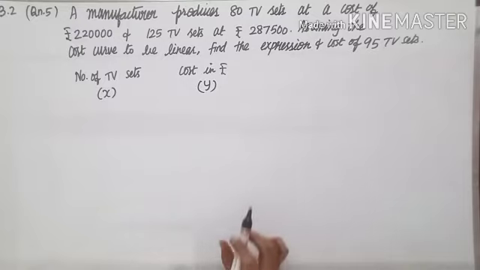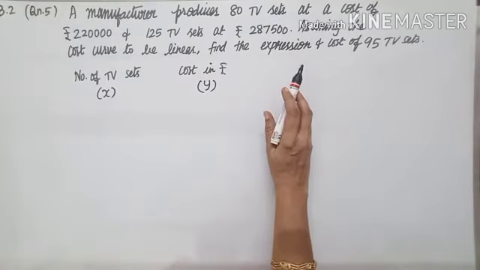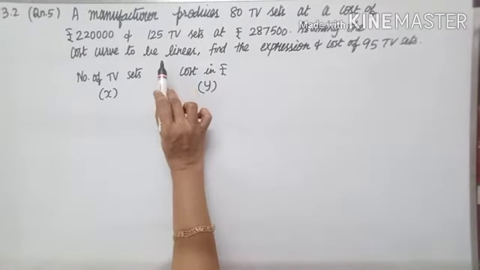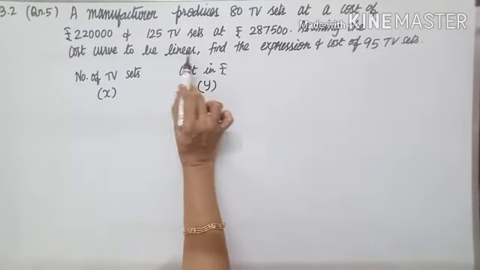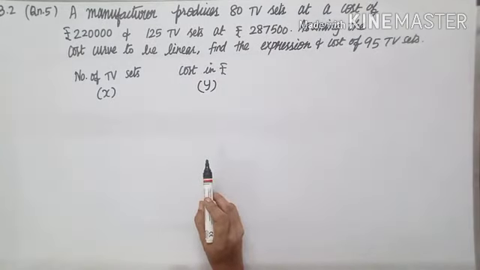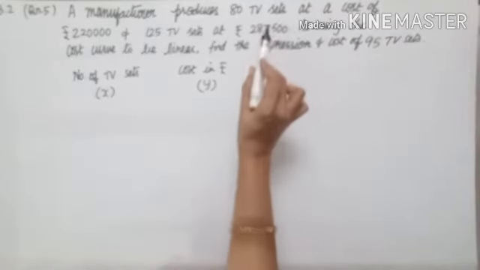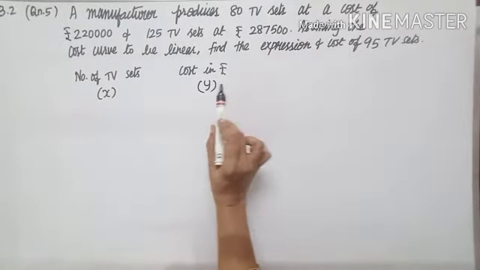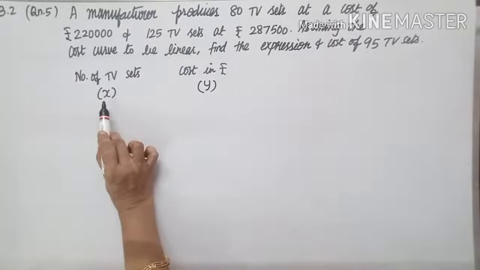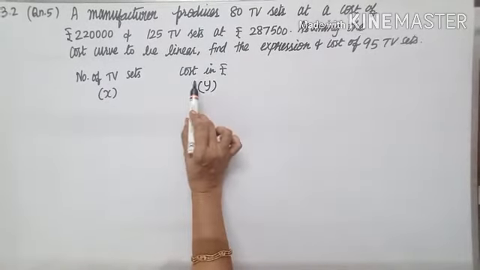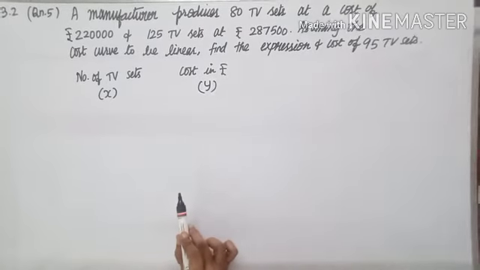Whenever we are reading a problem which reduces to be linear, it is a line equation. So we can treat one as x and the other as y. Here we have number of TV sets and cost. Consider number of TV sets as x and cost in rupees as y.